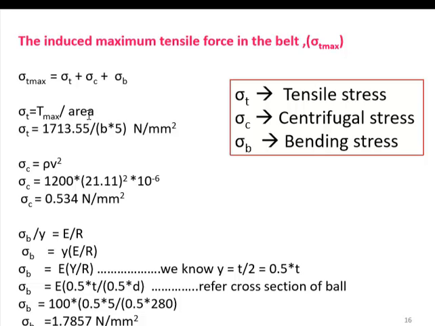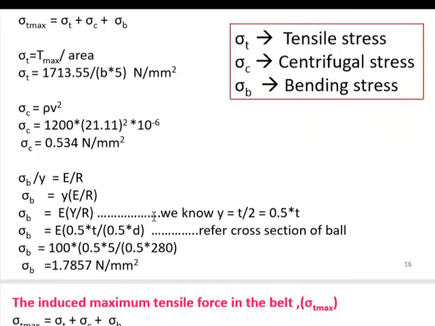We know the area of the rectangular flat belt, that is B into T, and thickness is given in the question where T is equal to 5. Sigma C is rho V square. Now rho we already know and velocity is already known. So sigma C, that is centrifugal stress, can be 0.534 Newton per mm square.